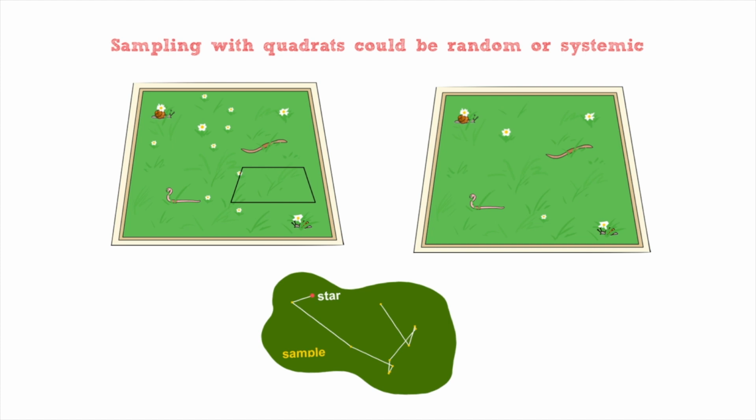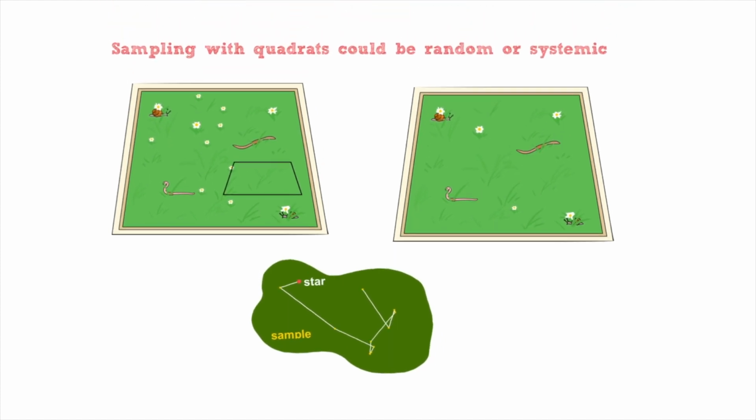One way we do it is by means of what we call random sampling. What is random sampling? You get to the place where you want to study, you do random walks and you drop your quadrats every now and then. This is usually done when you have a large habitat and you cannot cover the entire area.